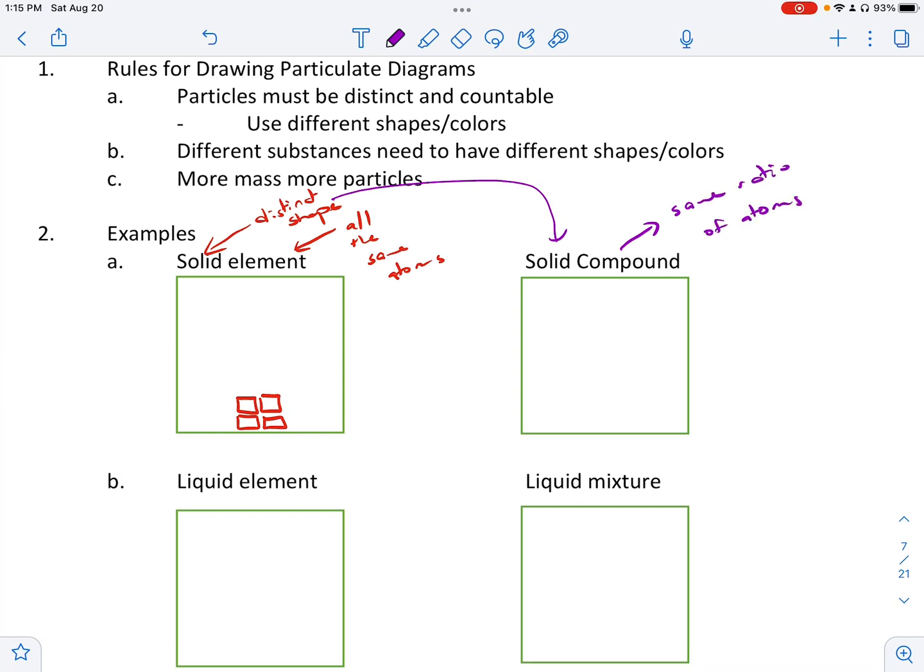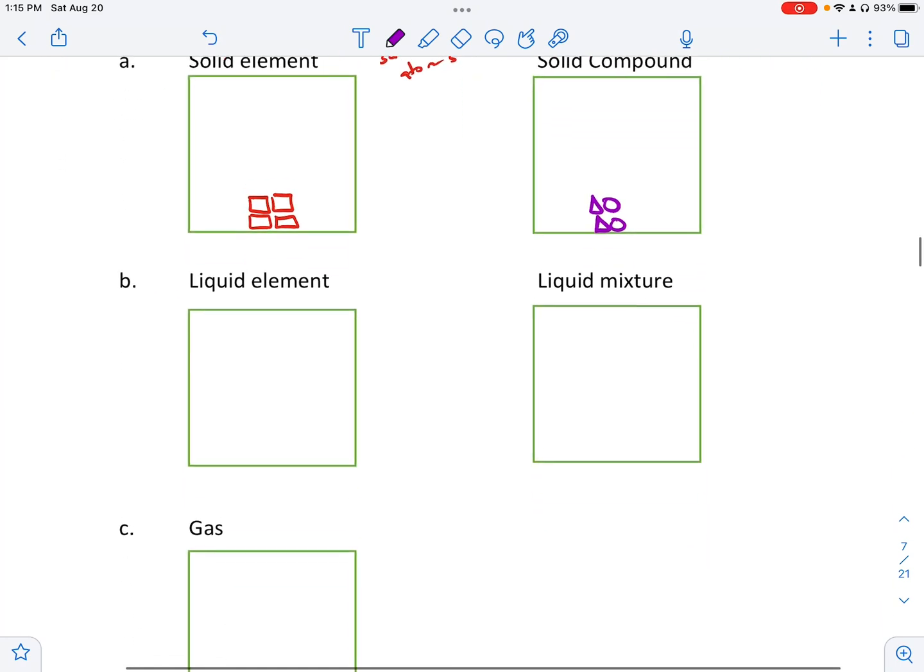So what we need to do is have a ratio of atoms this time. Let's say we're going to do a triangle and a circle. And we'll do a couple of those, still keeping that distinct shape. It's not taking the shape of the container. We have the same ratio of atoms. Each of them is a triangle and a circle.